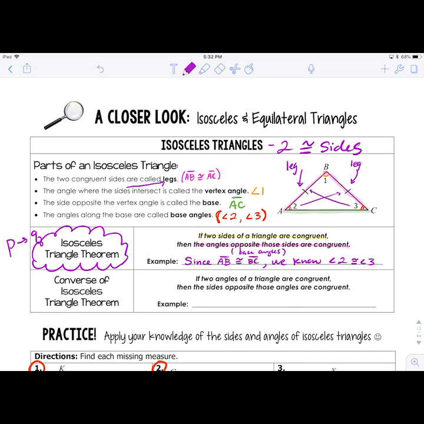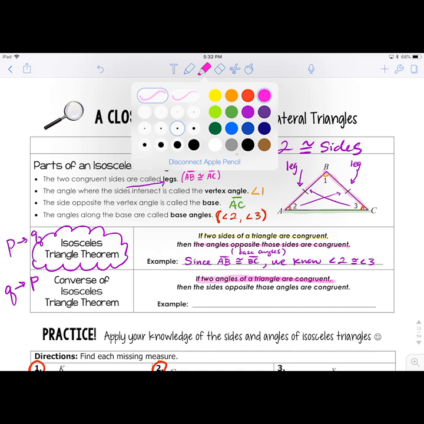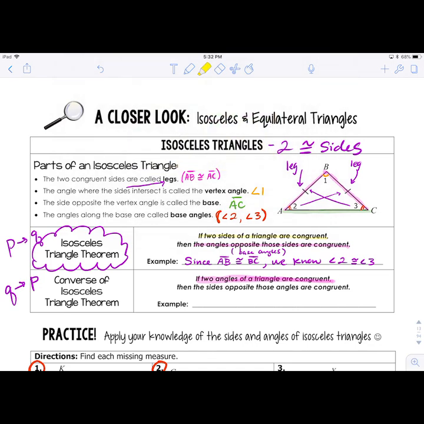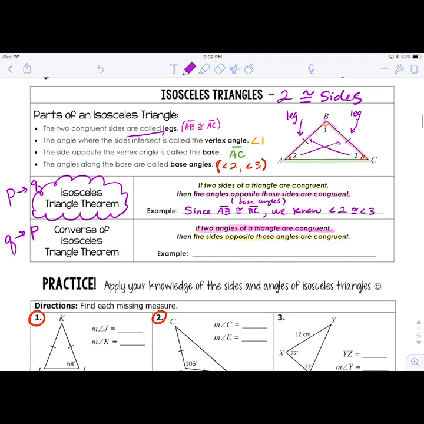The converse will be if Q then P. So all we need to do is switch the hypothesis and conclusion, which they do: if two angles of a triangle are congruent, then the sides opposite those angles are congruent. All right? Meaning the legs. The legs have to be congruent.